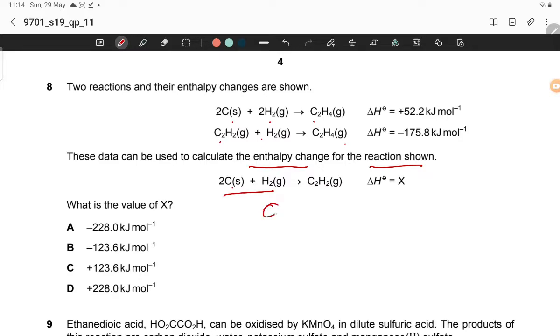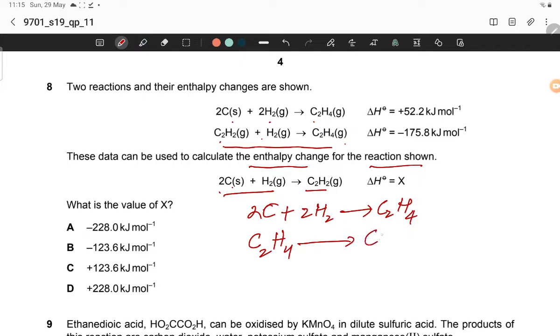We know that C plus 2H2 forms C2H4, and because the reaction needs C2H2, the second reaction will be reversed. C2H4 decomposes to form C2H2 plus H2.